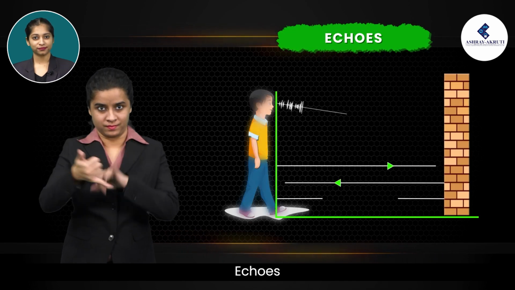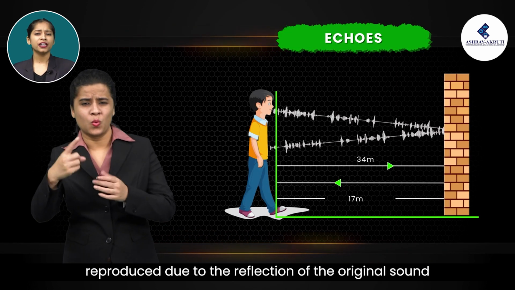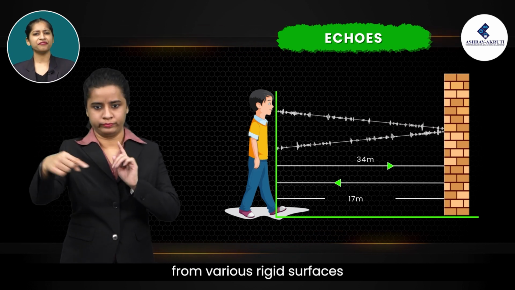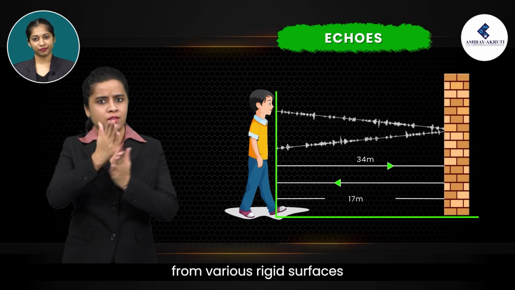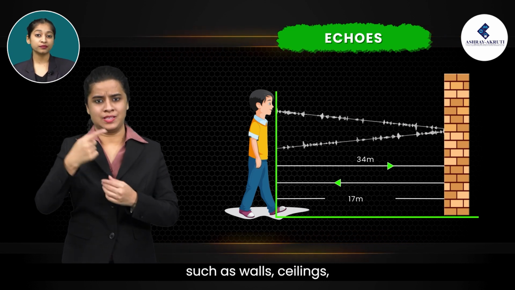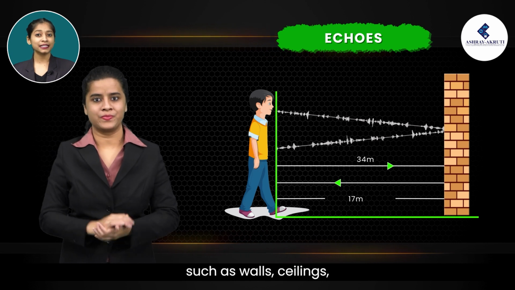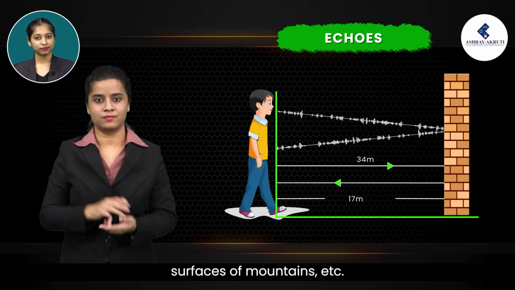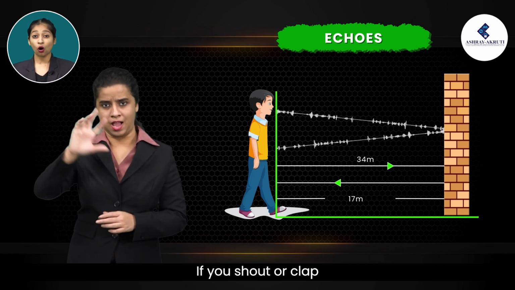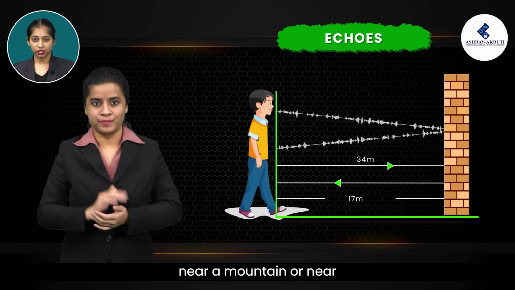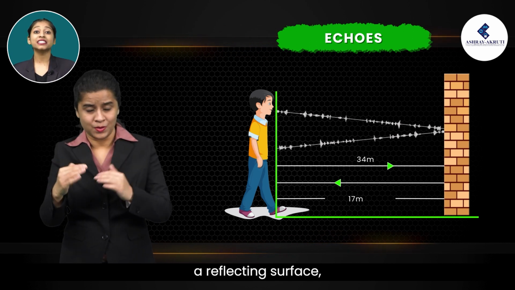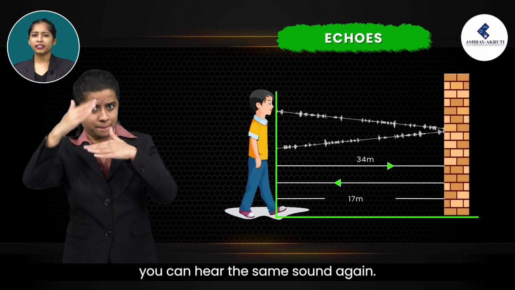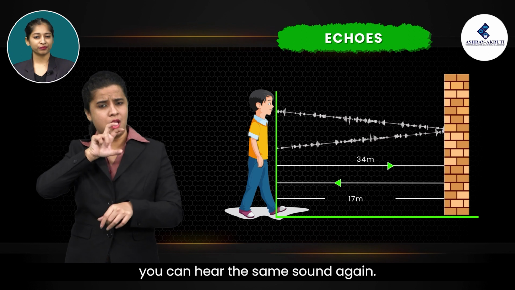Echoes. An echo is the sound reproduced due to the reflection of the original sound from various rigid surfaces such as walls, ceilings, surfaces of mountains, etc. If you shout or clap near a mountain or near a reflecting surface, like a building, you can hear the same sound again.